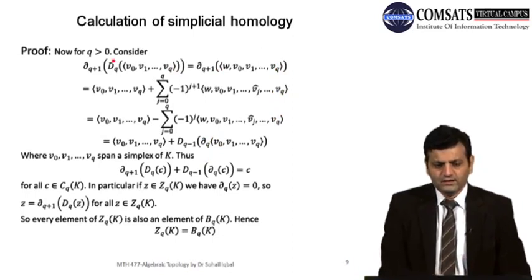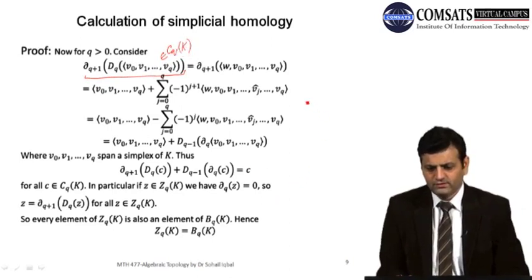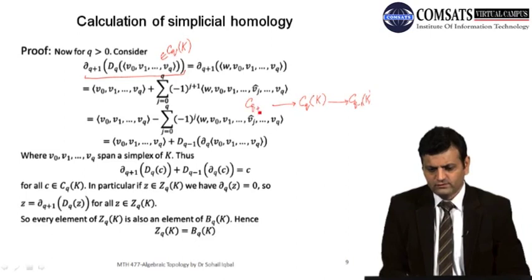Okay, so consider this expression. Take an element of CQ of k. Okay, so remember that we have two ways. We can go from CQ minus 1 of k to CQ plus 1 of k.